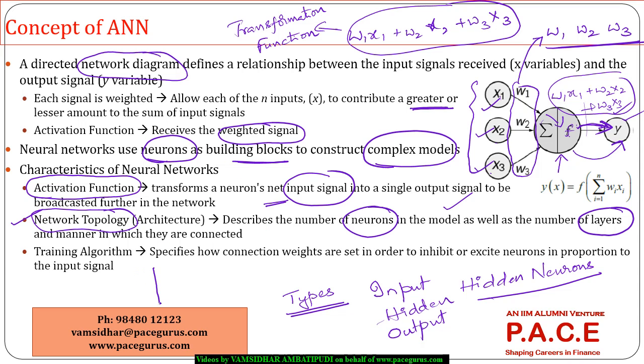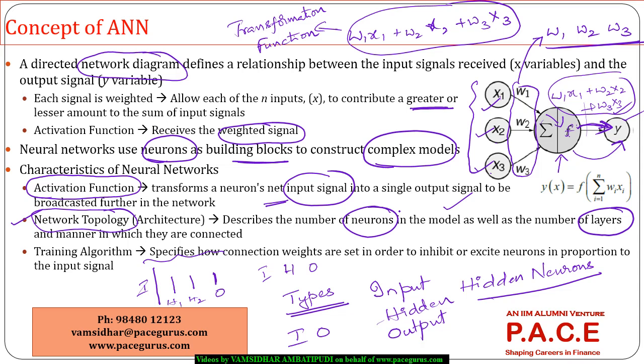So input, hidden layer 1, hidden layer 2, output. That means there are 4 layers. Or I can talk about input, hidden layer, output. Or input layer and output layer, no hidden layers at all. These are the different kinds of network topologies I am talking about.